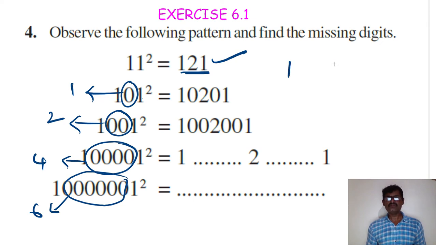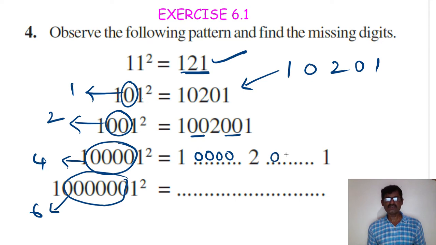So in between 1 and 2 we put 10, in between 2 and 1 we need to put one more 0. Similarly, for the next one, here we have 2 zeros and here 2 zeros. Then in the next one we have 4 zeros, so we need to put 4 zeros here, here also 4 zeros. Then in the last problem we have 6 zeros.